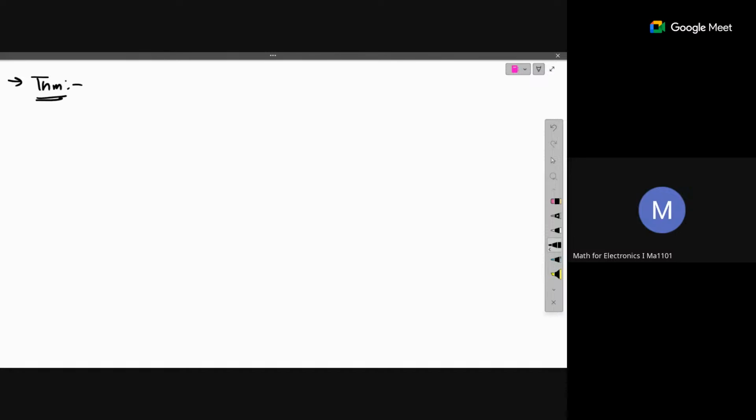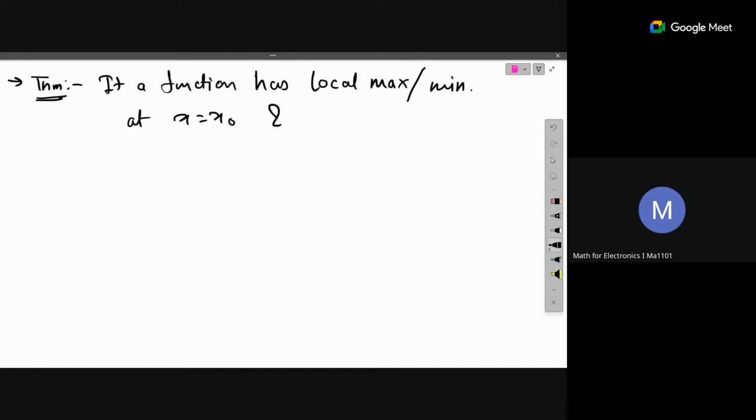It says that if a function has a local maxima or minima at x equal to x naught, and it is differentiable at x equal to x naught, then the derivative at that point is nothing but 0. Then f dash at x naught is equal to 0. Okay, so this is a theorem.